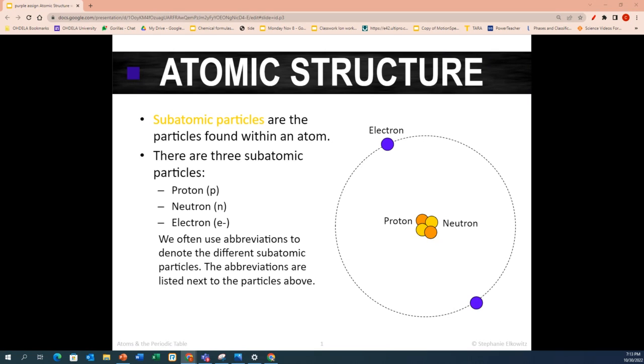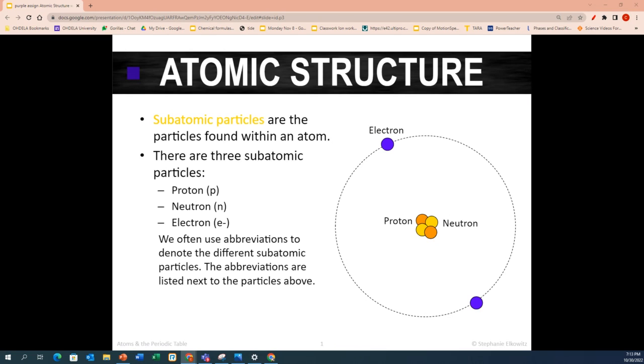If we looked at the protons, I'm putting a plus in those. The protons are plus, the neutrons are neutral, they are zero, and the electrons are negative.